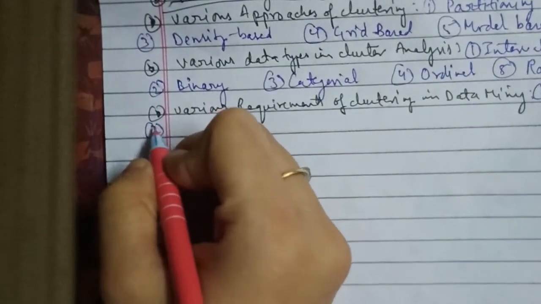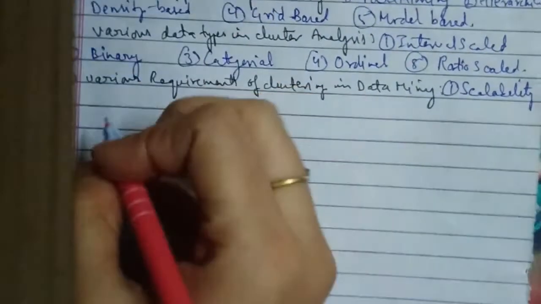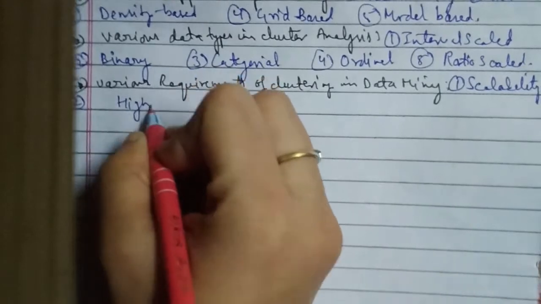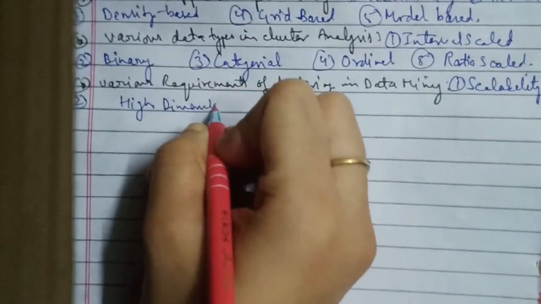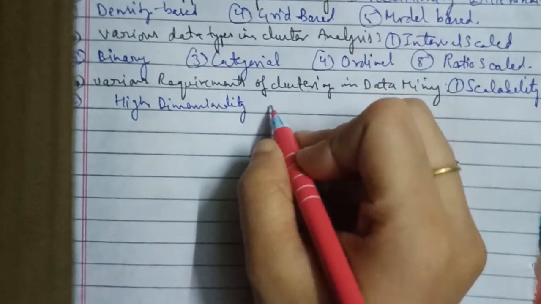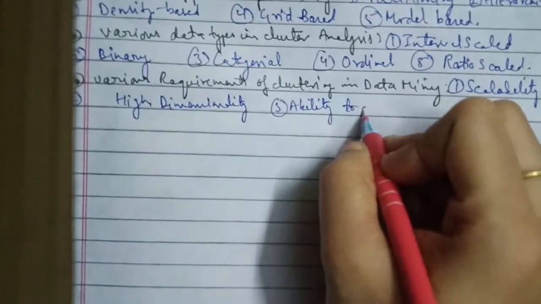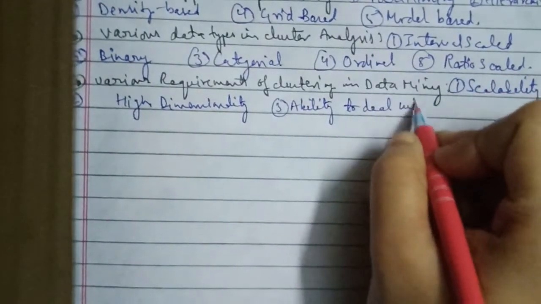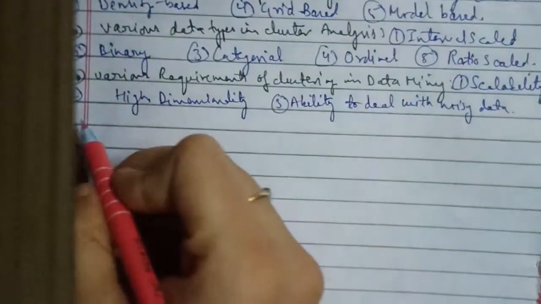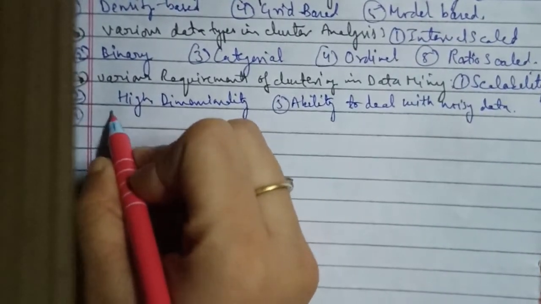The second is high dimensionality. The third is the ability to deal with noisy data. The fourth is interpretability and usability.